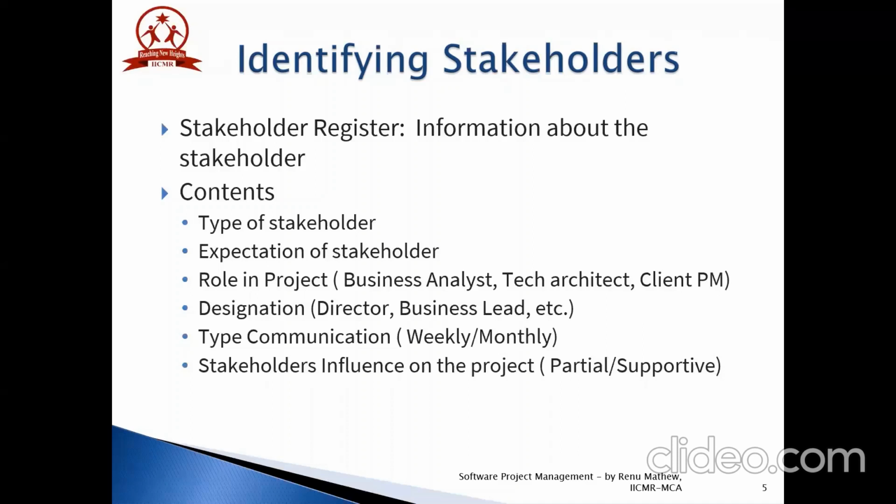So the role differs. Designation of the stakeholder, whether director, business lead, etc. Type of communication required, whether communication is required on a weekly basis or on a monthly basis. Stakeholders' influence on the project, whether he is partial or supportive.